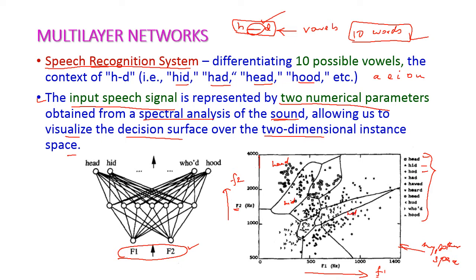Likewise, the last one is HOOD. HOOD is here. Likewise, we need to classify all the input values with respect to the vowels which are inserted into that word so that we can get 10 output classes.